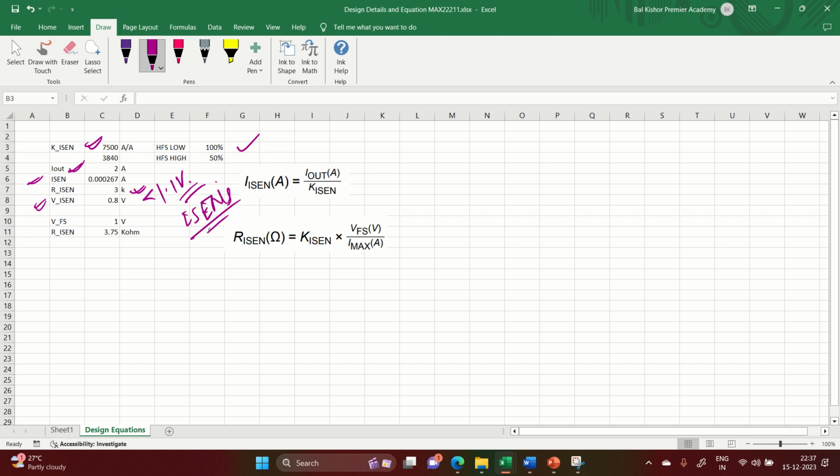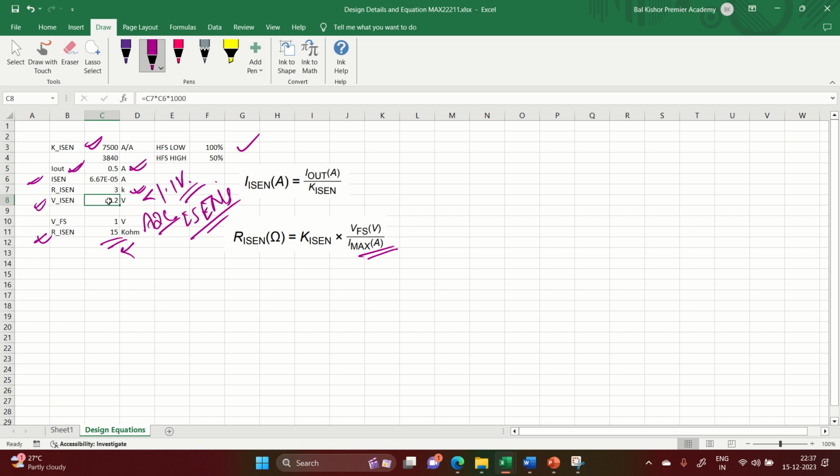Similarly, if you want to calculate, let's say the ADC scale is 1 volt or even less than that, then R sense is coming up as 3.75 kilo ohm. So it has to be maximum 3.75 kilo ohm or less. Imax will be decided based on that. So Imax is my I out. If you want to keep 1 ampere, then my V sense will be only 0.4. Suppose it is 0.5 ampere, then V sense you will see 0.2 volt.